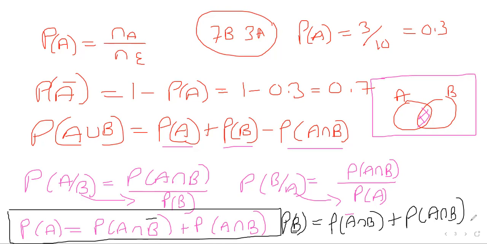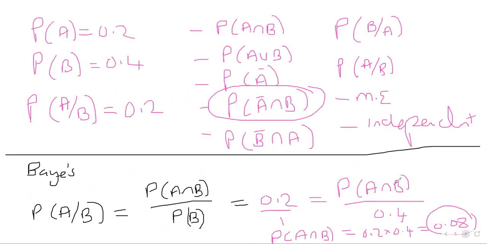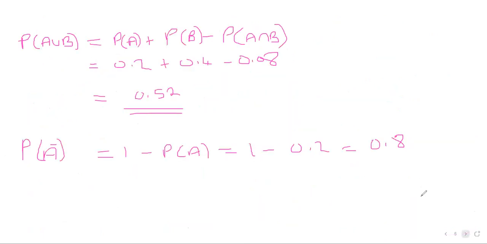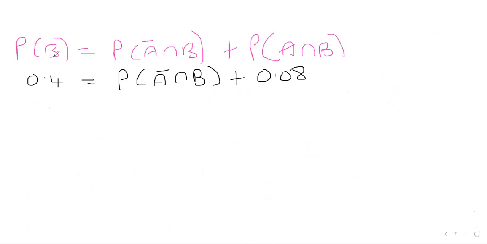So in this case, the reason why we are interested in knowing where the bar is, it will help us go straight away to the formula. If the bar is on the A, then don't think twice, just know that the subject of the formula is B. So just write it here to say B, A intersection B. Then we are already given the probability of B is 0.4.